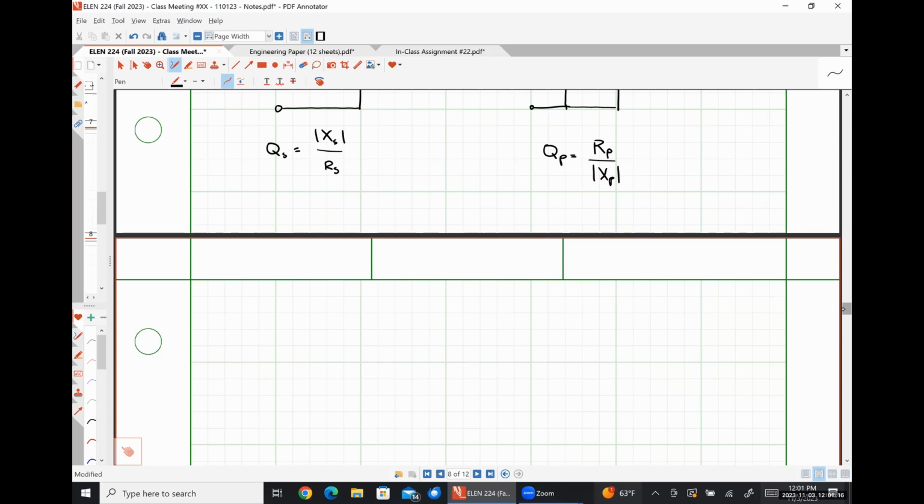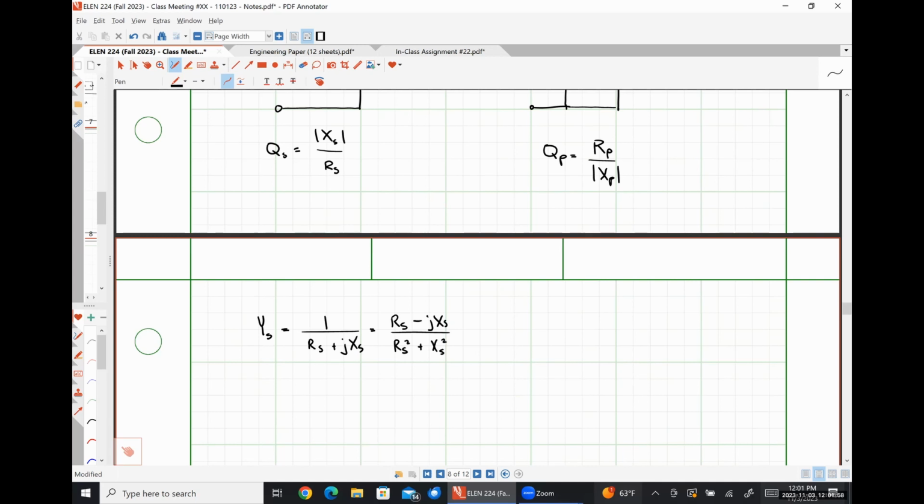we could say that our series admittance is just going to be 1 over RS plus JXS, which is going to look like RS minus JXS over RS squared plus XS squared.